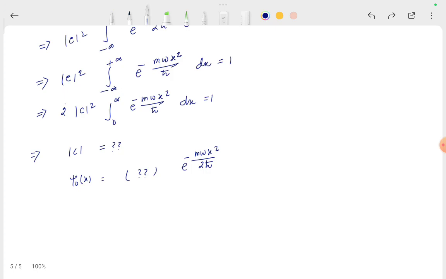Okay, let's do it. So this is the form, and finally we got the ground state wave function of the one-dimensional harmonic oscillator. This is a very important result.